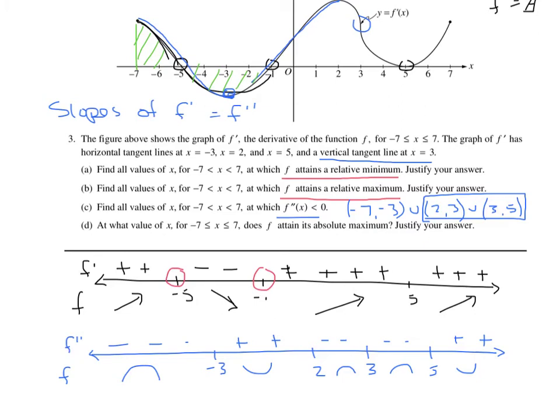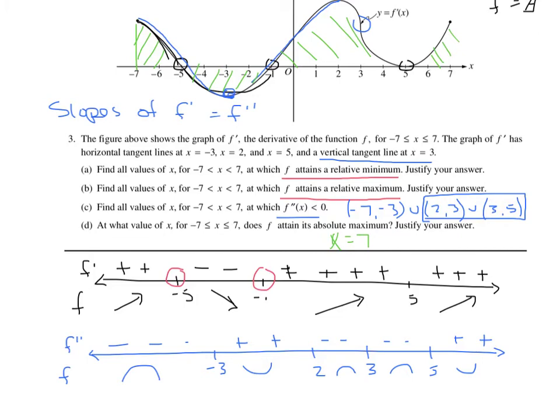Giving it the eyeball test, those areas are roughly equivalent, so they offset each other. And then we just do a whole lot of increasing. So using our common sense, the absolute max is at x equals 7, otherwise the right endpoint.